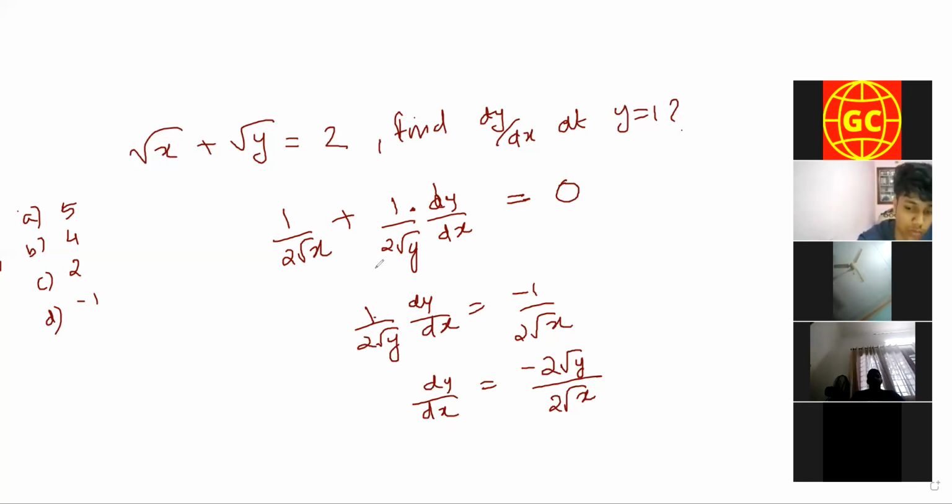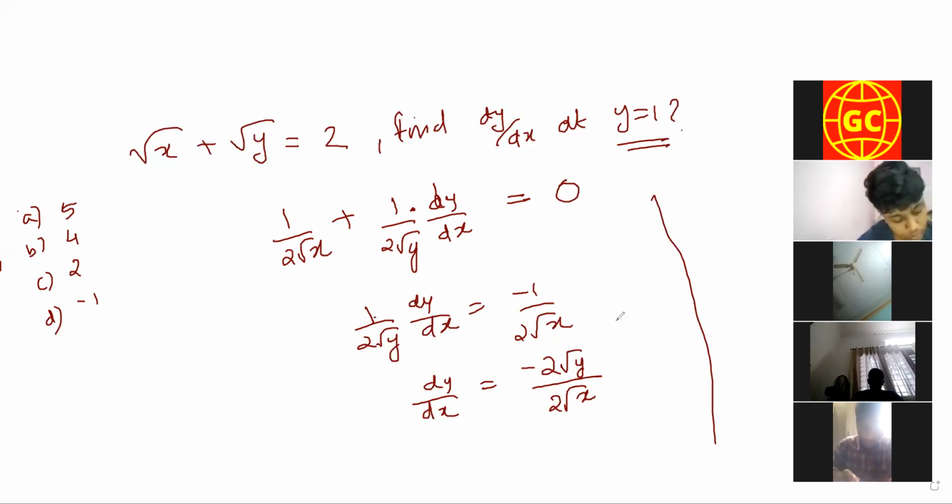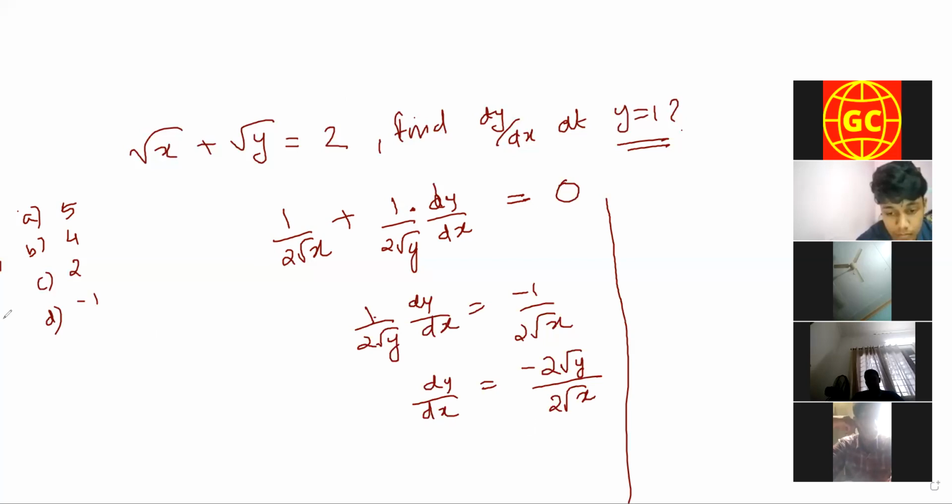Okay, now in the final answer you have to put y equal to 1, isn't it? So how will you do this? See, you have to get an answer in numbers only. There is no x or y in the answer.